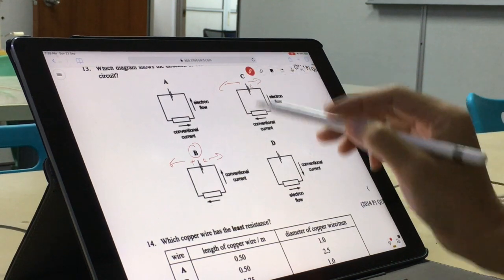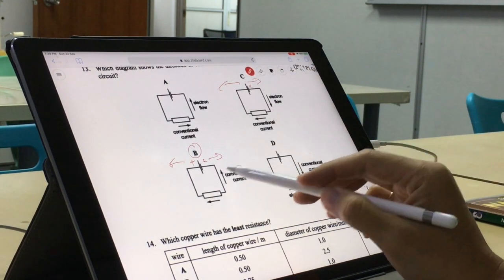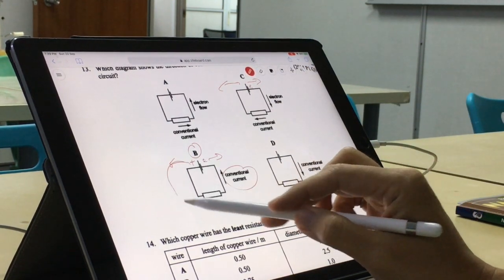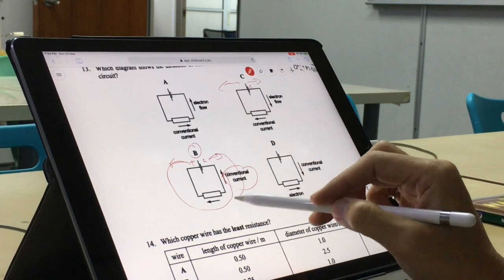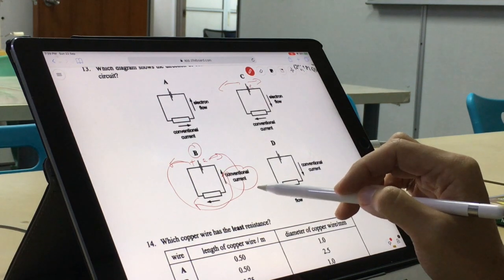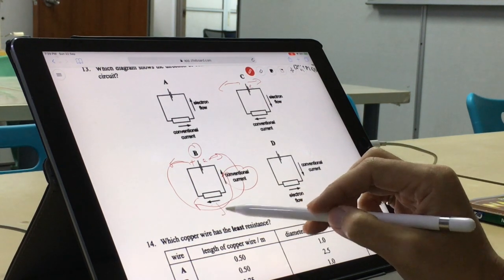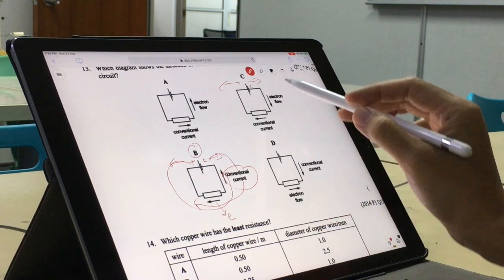Because you see, conventional current is this one. So it goes in this direction, then the electron flow is this direction. So there's a missing thing, this is electron flow.